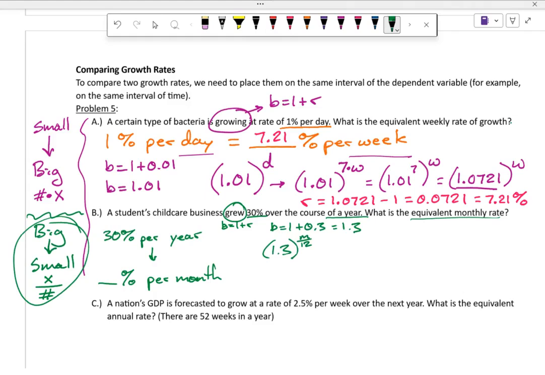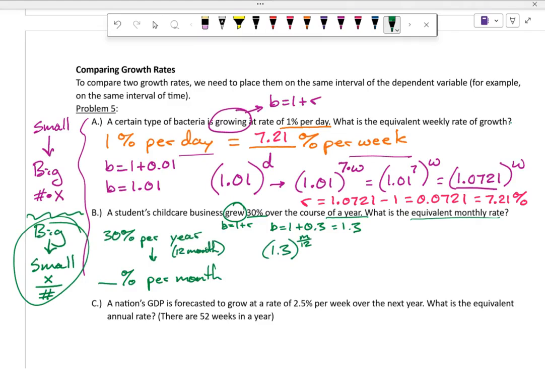So last one we did weeks times days. Now we're doing months divided by the year, like how many months are in a year, right? So we find that comparison, right? There are 12 months per year, and so for every month, that would be 1/12 of a year.